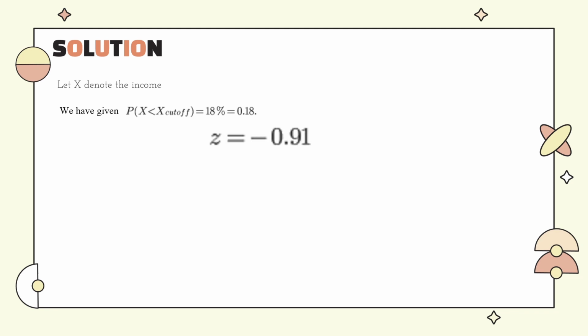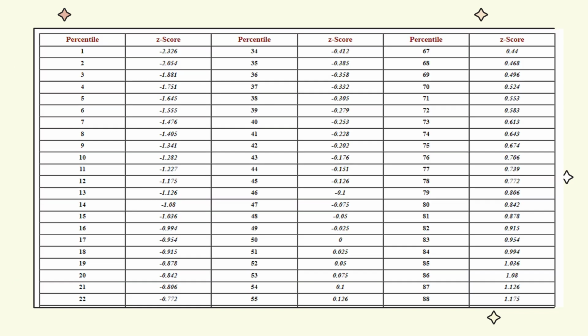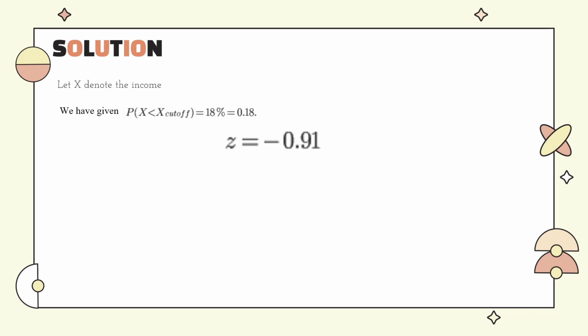So the value of Z corresponds to the given probability value of 0.18 from the standard normal table. So let's check. Our percentile is 18 and our z-score should be negative 0.915. So, I'm sorry, there should be a 5 in here.